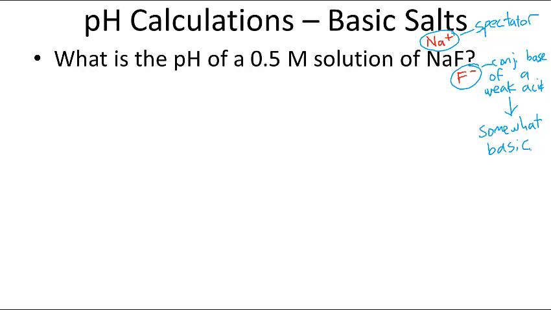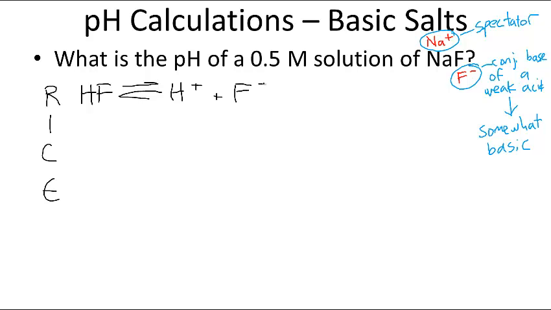The mistake that I'm seeing a lot is people writing, oh, F-, so I'm going to write my reaction, and I don't want you to write this down. A number of people have said, maybe my reaction is HF goes to H+ plus F-. The problem with that is we don't actually have HF to start with. We just have F-.